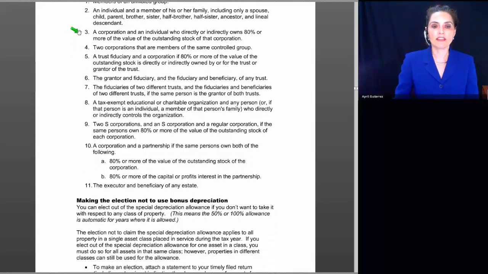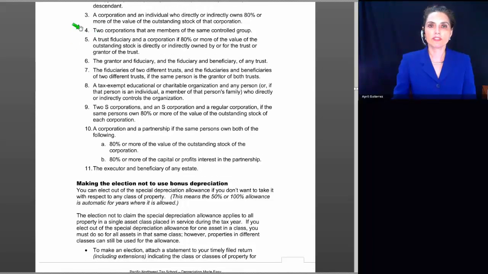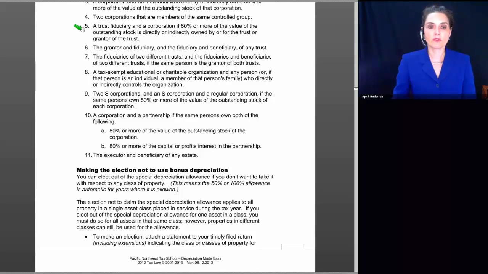A corporation, and an individual who directly or indirectly owns 80% or more of the value of the outstanding stock of that corporation. 2 corporations that are members of the same controlled group. A trust fiduciary and a corporation if 80% or more of the value of the outstanding stock is directly or indirectly owned by or for the trust or grantor of the trust.